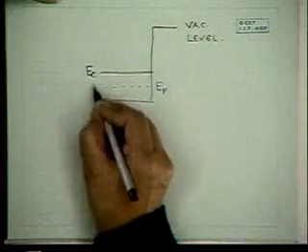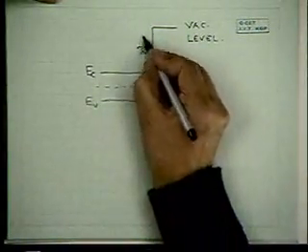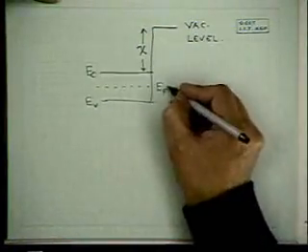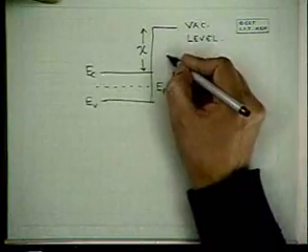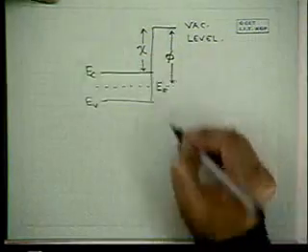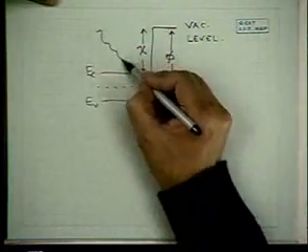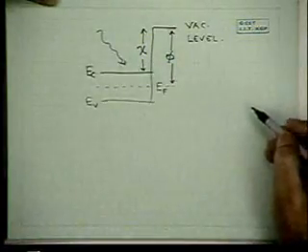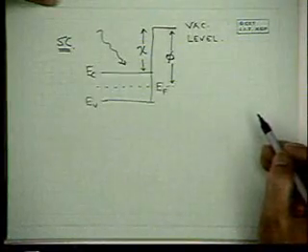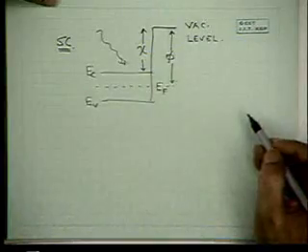If this is EC, this is EV, then we know that the difference between vacuum level and EC is chi. The difference between EF and the vacuum level is phi. And if photoemission experiments are done on a semiconductor, the question was, what is the threshold energy for emission?